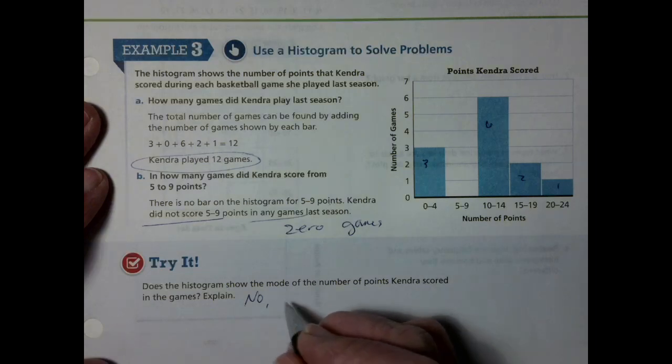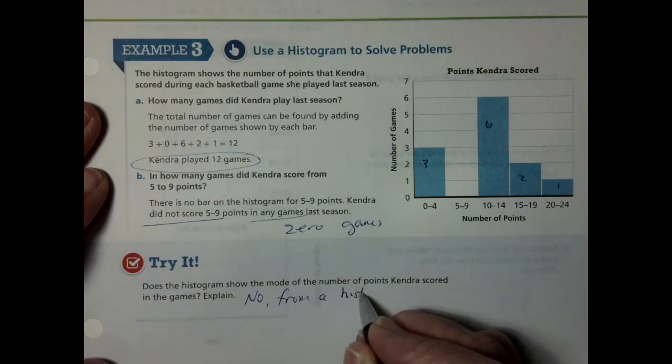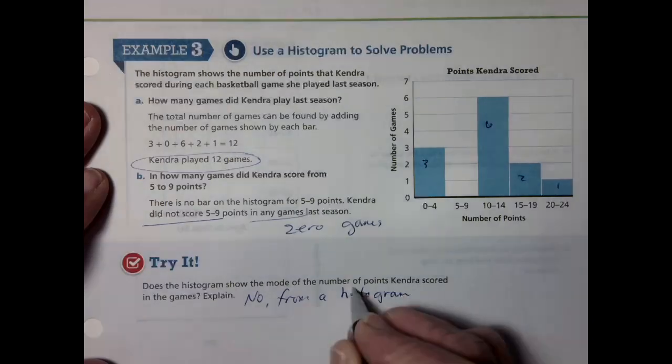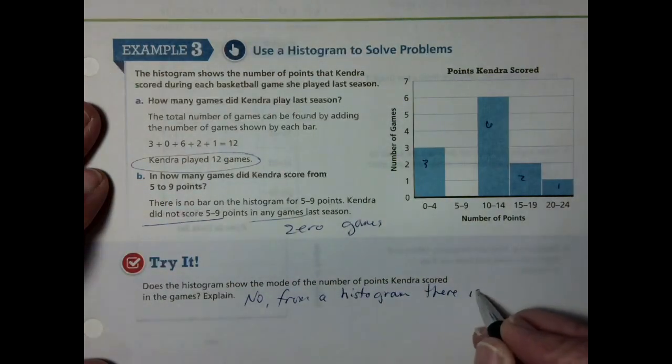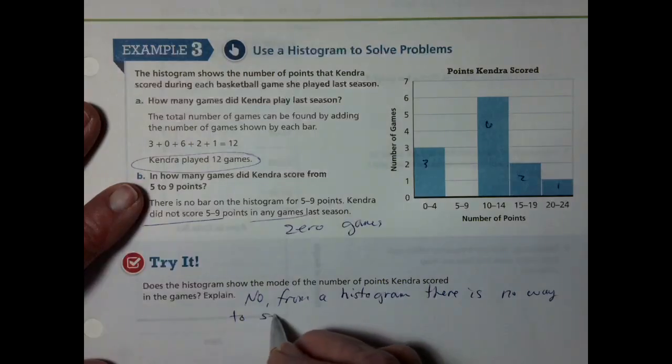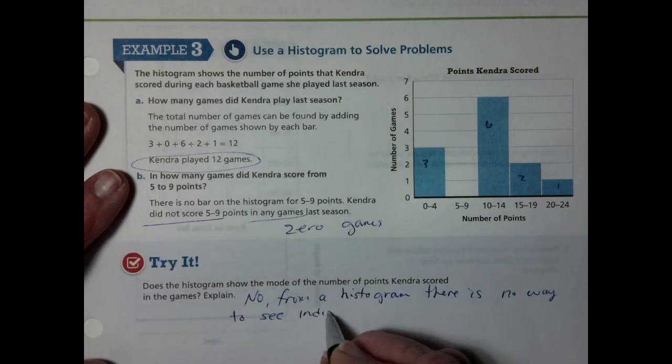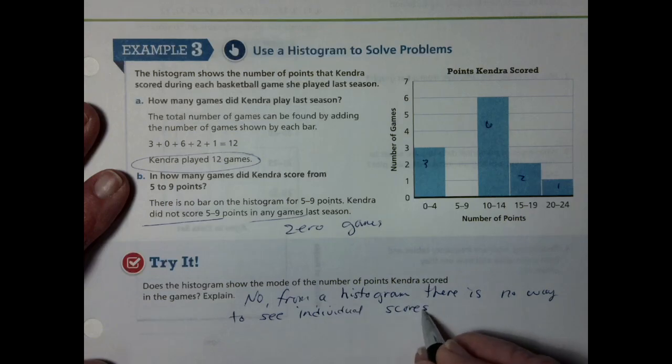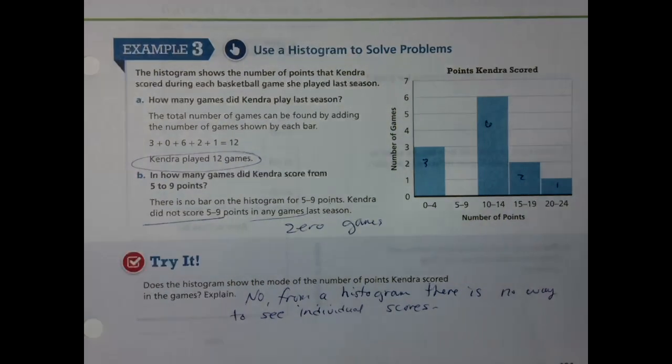So from a histogram, there is no way to see individual scores. So you can't tell the mode.